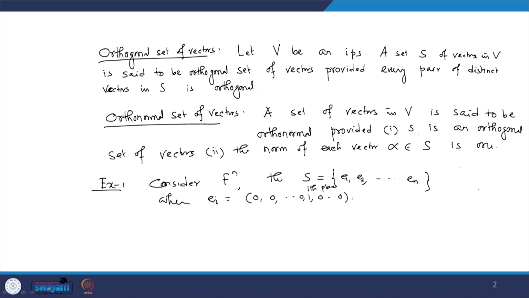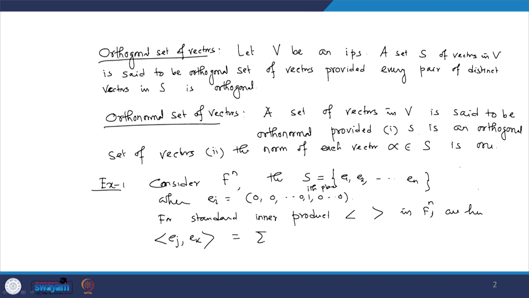Then for the standard inner product in F^n, we have the inner product of Ej and Ek equal to the sum of xi yi.